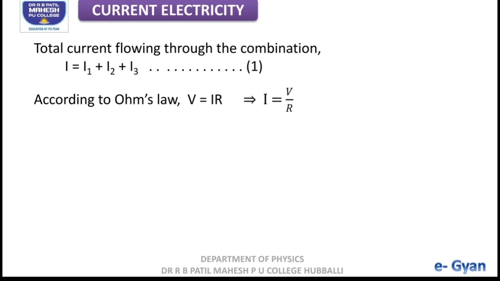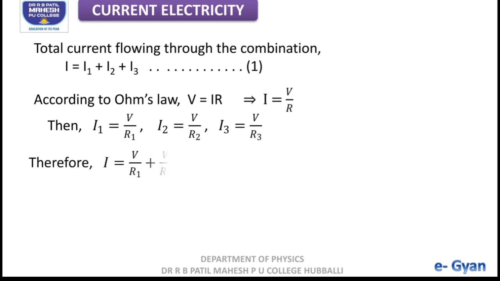Now we can write the expression for I1, I2, I3 with the help of this equation. I1 is equal to V divided by R1, I2 equal to V divided by R2, I3 equal to V divided by R3. Putting these values in equation number 1, we get I equal to V divided by R1 plus V divided by R2 plus V divided by R3.